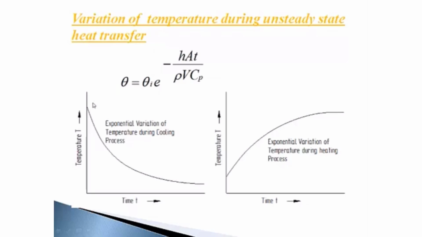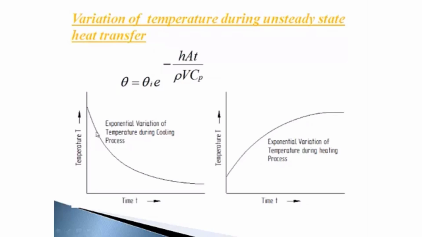So it can be exponential decrease in temperature or exponential increase in temperature. So in case the material is cooled, that will be exponential decrease in temperature. If the body is getting heated up due to the surrounding, it will be an exponential increase in temperature.